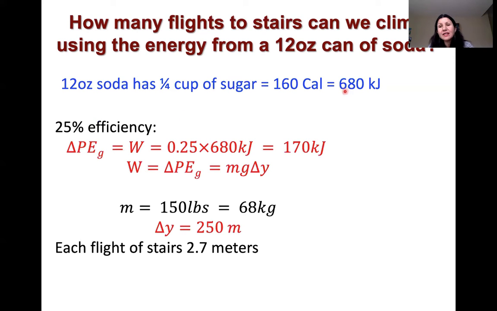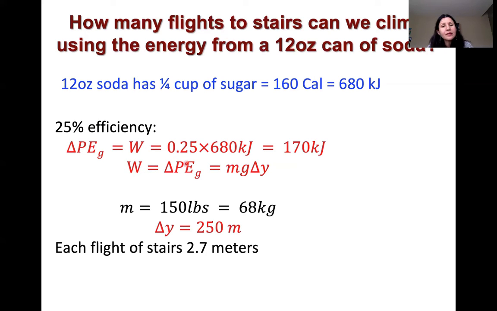So not all of these calories are going to go into your ability to work. Some of it is just going to be converted to heat and used up making your body internally function. So the amount of work you have available is 25%, or 1/4, of this 680 kilojoules, which is 170 kilojoules.